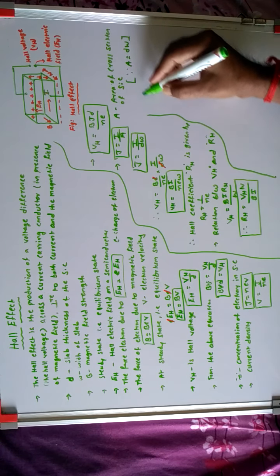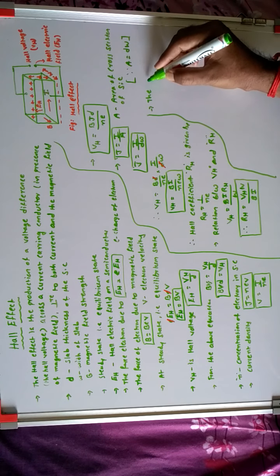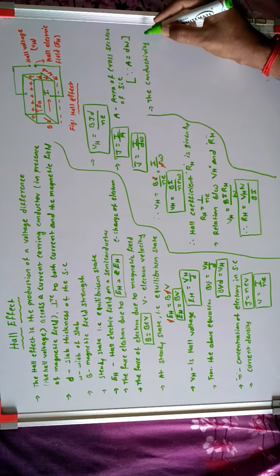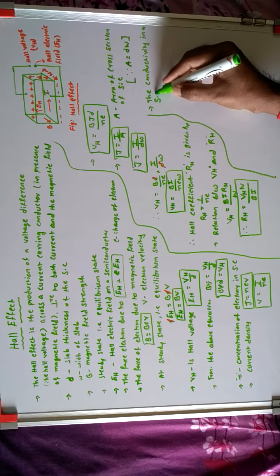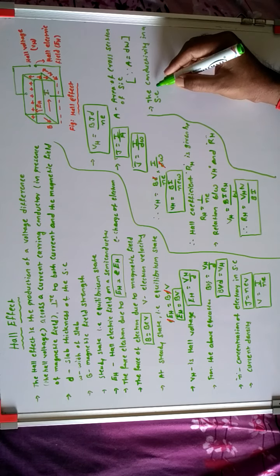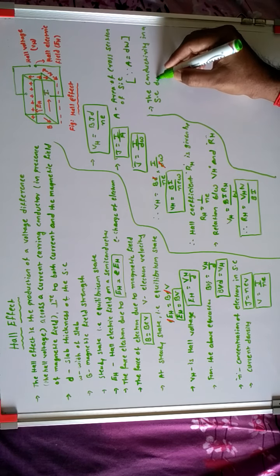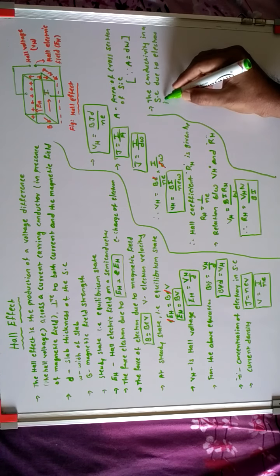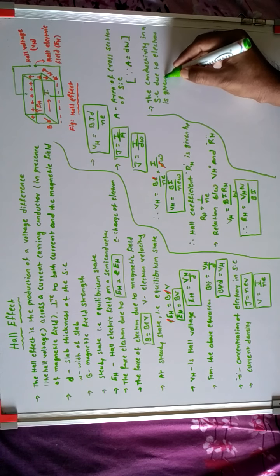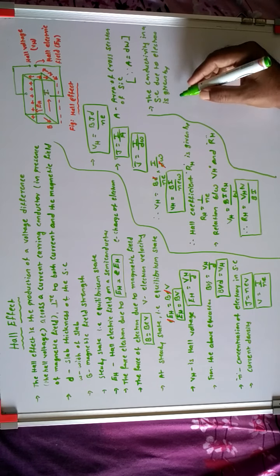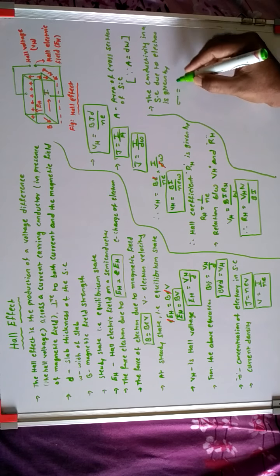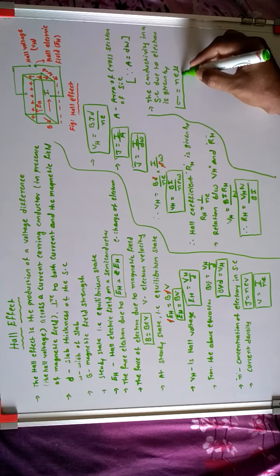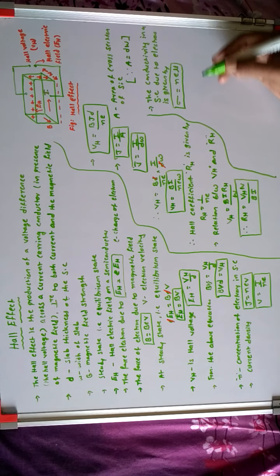The conductivity in a semiconductor due to electrons is given by sigma equal to n e mu, where mu is the mobility of charge carriers.